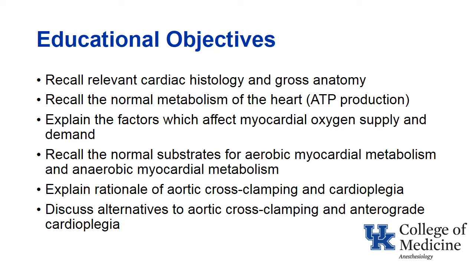Fourth, to recall the normal substrates for aerobic myocardial metabolism and anaerobic myocardial metabolism. Fifth, to explain the rationale of aortic cross-clamping and cardioplegia. And finally, to discuss alternatives to aortic cross-clamping and anterograde cardioplegia.